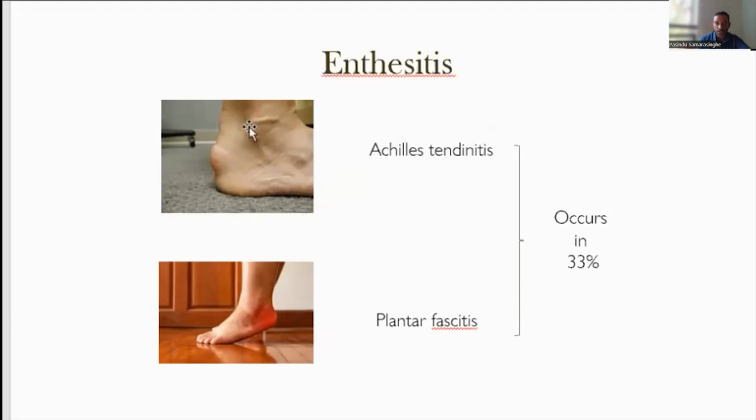When you apply pressure over this region, if that's the main point of tenderness, it's more ankle arthritis. And then you can also dorsiflex and plantarflex the ankle joint. That would produce pain in the joint itself. So you have to differentiate between the joint, and then you can apply pressure over the Achilles tendon.